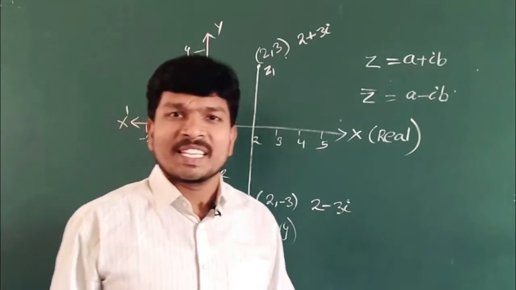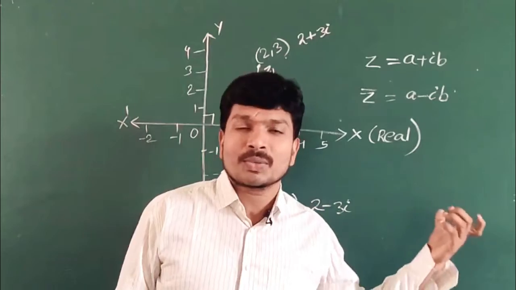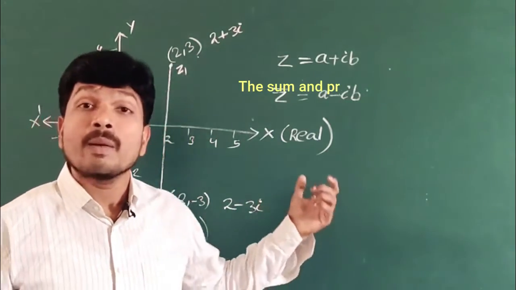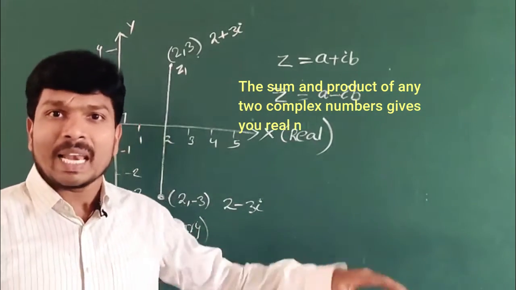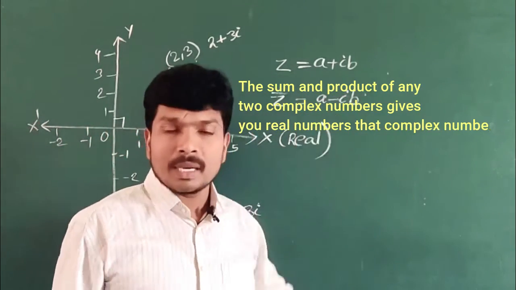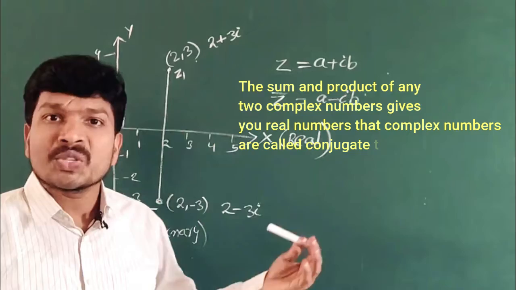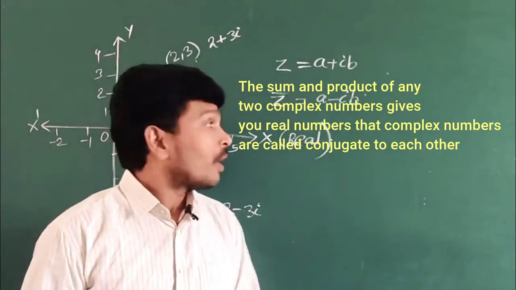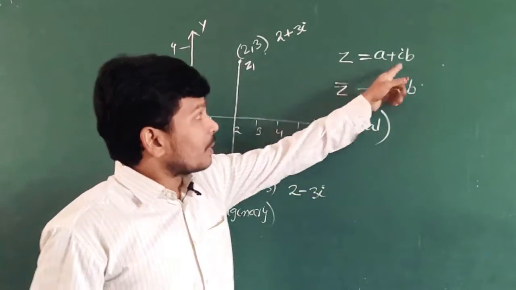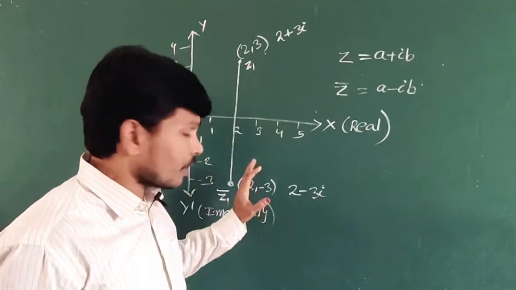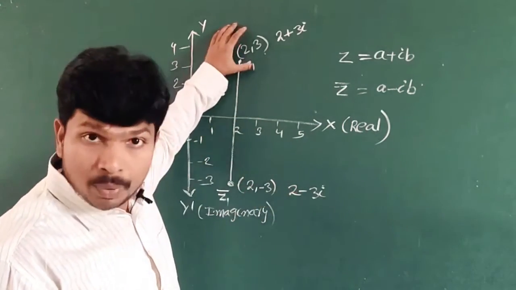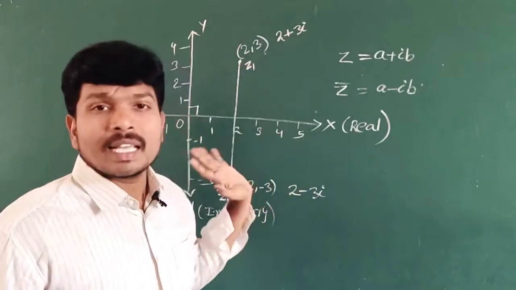Here also the definition is the same. What is meant by conjugates to each other? If the sum and product of any two complex numbers give you a real number, those complex numbers are called conjugates to each other. If z is a plus ib, then z bar is a minus ib. Simply, it is the reflection of a complex number with respect to the x-axis.